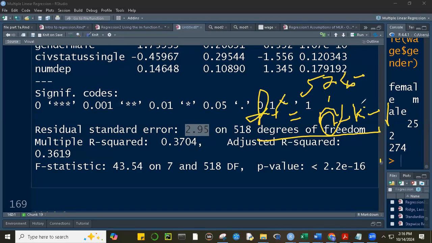Minus k is the number of your predictors. In our case, ang predictors natin, education, experience, tenure, race, gender, 7 sa lahat, no? Minus 7. Okay, 7 lahat ng predictors, and then minus 1. Minus 1 class because it accounts for the degree of freedom loss because we're also estimating yung intercept. Ito yung para sa intercept. So 526 minus 7 minus 1, that's your 518 degrees of freedom.